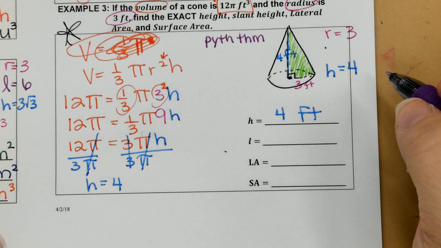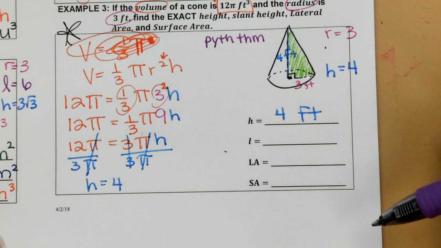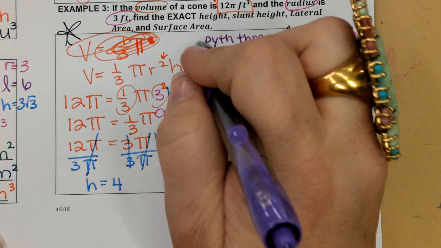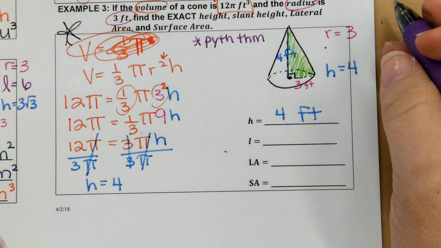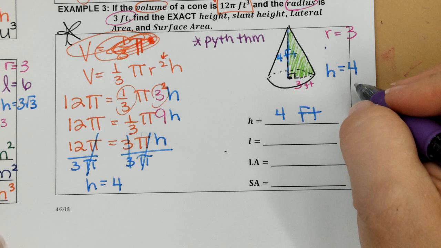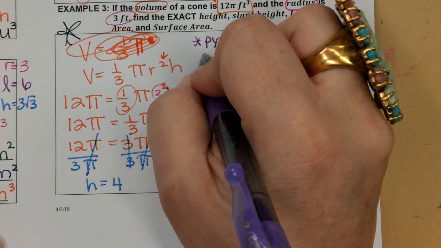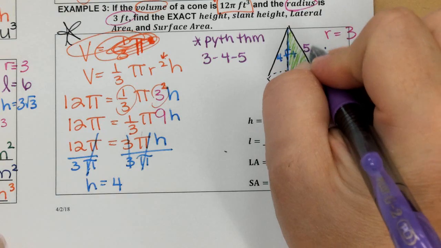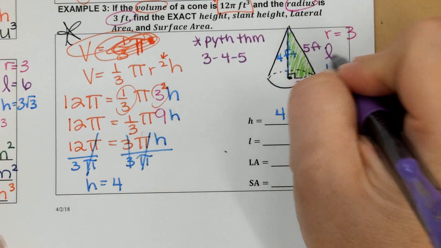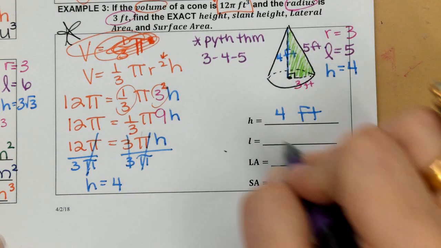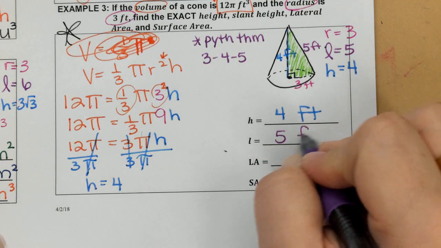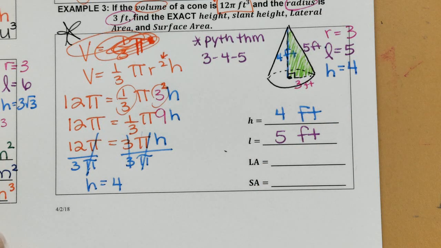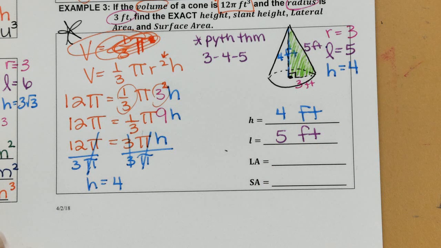And even if you're not sure if it's a 45 or a 30-60 or this, Pythagorean theorem should always be the go-to. So this one's also a triple. It is a 3, 4, 5 triple. So my slant height is 5 feet.